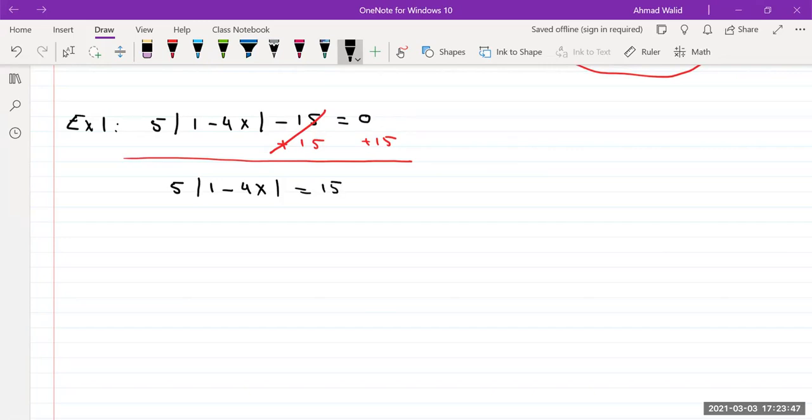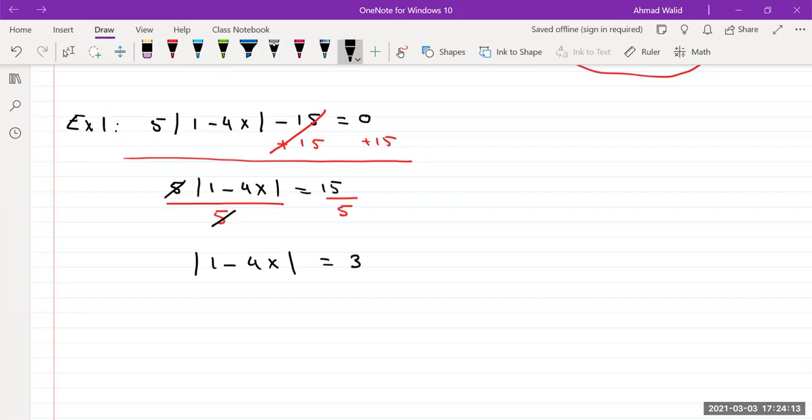Step 2, I have to get rid of this 5 outside of the absolute value, right? Then what I do, I'll divide both sides by 5. These two cancel out. The absolute value of 1 minus 4x equals 15 divided by 5, which gives me 3.